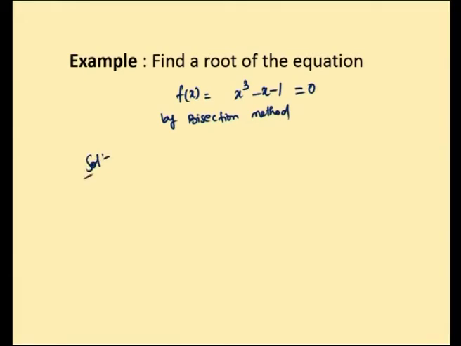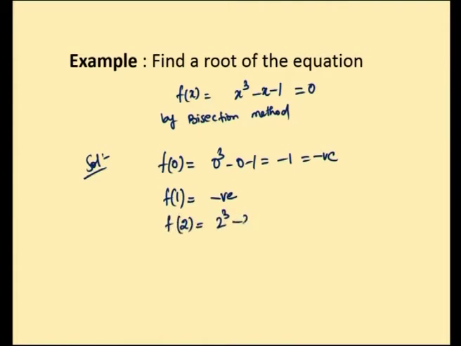The solution is, first of all, we have to find where the root lies. f of 0 is 0 cube minus 0 minus 1, equal to minus 1, which is negative. f of 1 is 1 cube minus 1 minus 1, which is also negative. f of 2 is 2 cube minus 2 minus 1, which is positive. So, we have a sign change between 1 and 2.